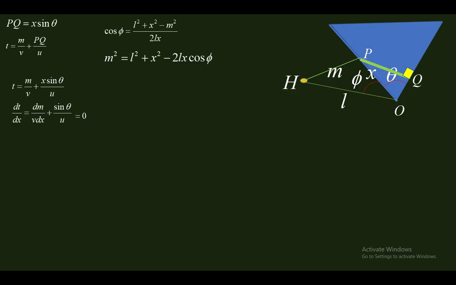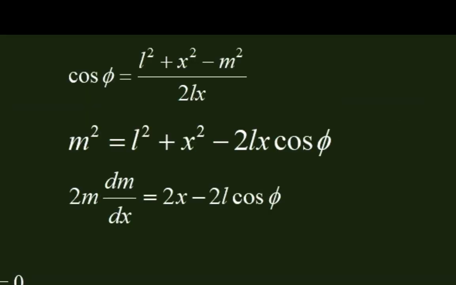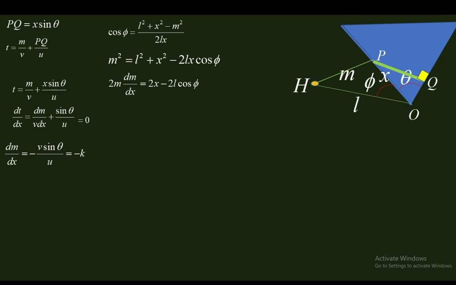So this you verify. I have differentiated t with respect to x and put it equal to 0, and this will give the value of dm by dx. For convenience I have written v sine theta by u as k. Now differentiate this expression: m square gives 2m into dm by dx, L square being constant, its differentiation is 0, and the remaining terms are differentiated.